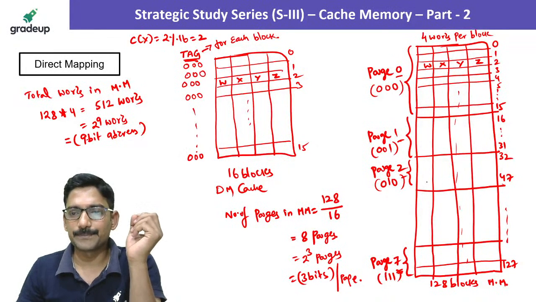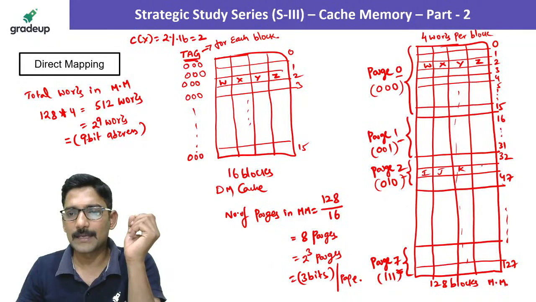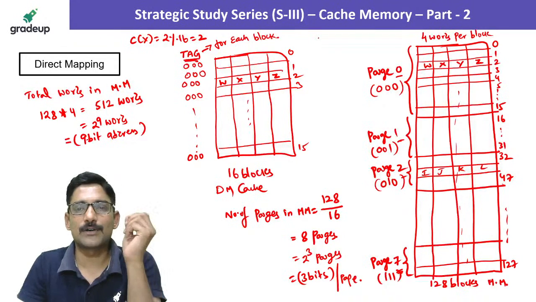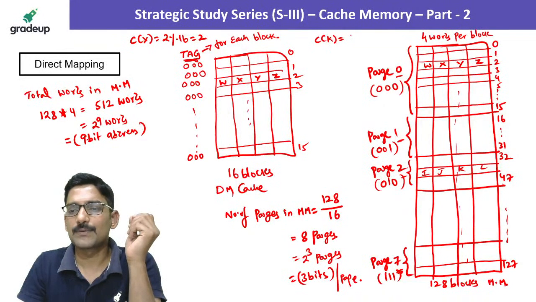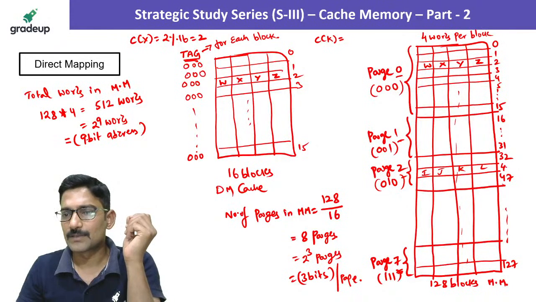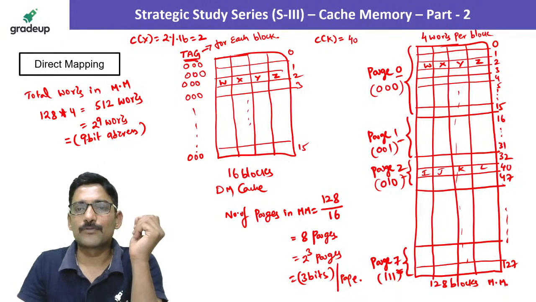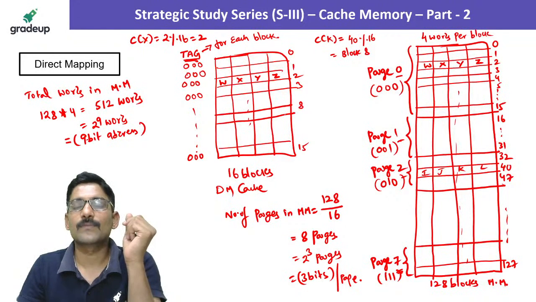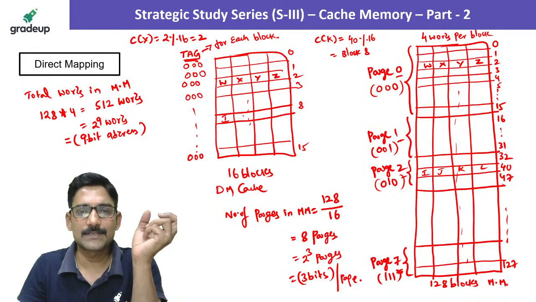Suppose there is a word IJKL, and the CPU is requesting K. So how do you get the cache block of K? Let's say this is from block 40. So 40 modulus 16, this would be in block 8. So the IJKL block is copied here.